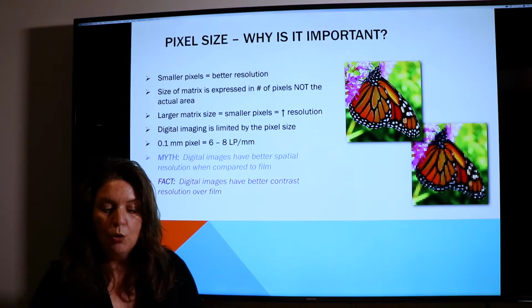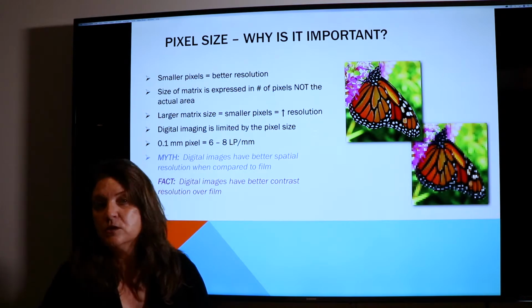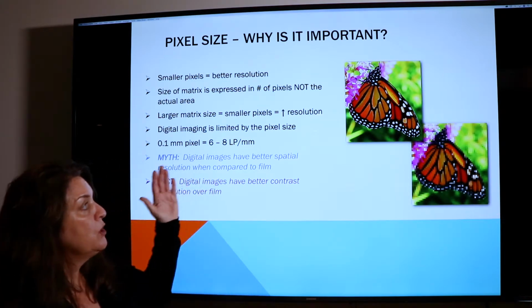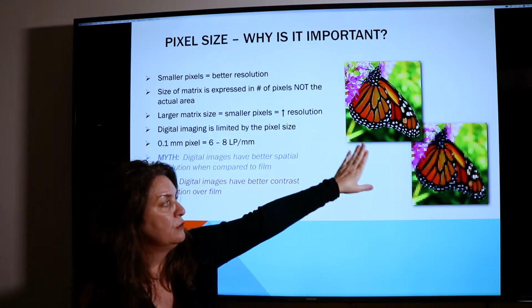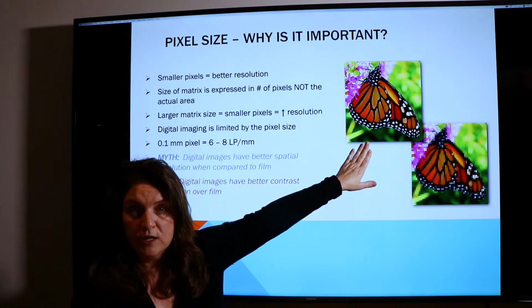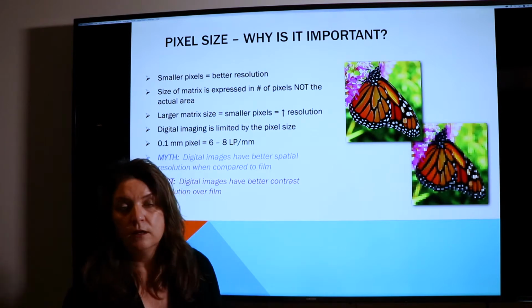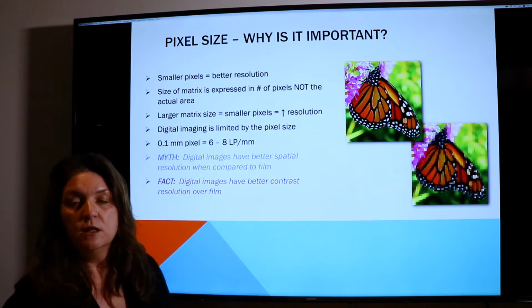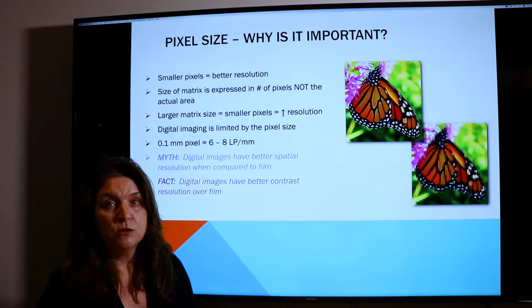Okay, so why is pixel size important? When you look at this image of the butterfly, the smaller the pixels, the better the resolution. We all know that. Every time you buy something, they talk about the resolution and the pixel size.